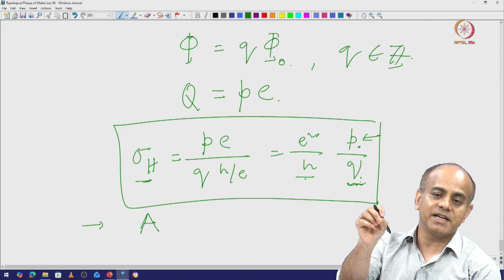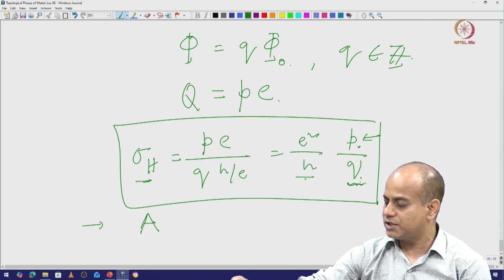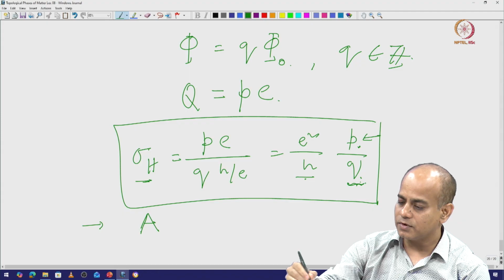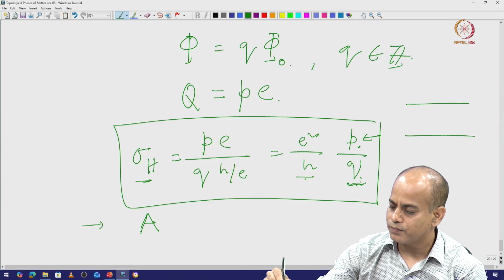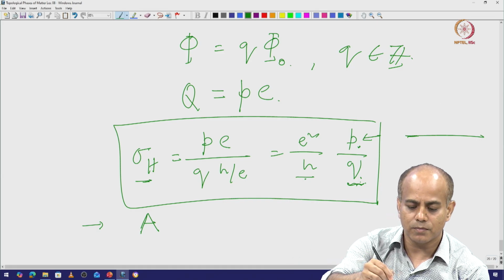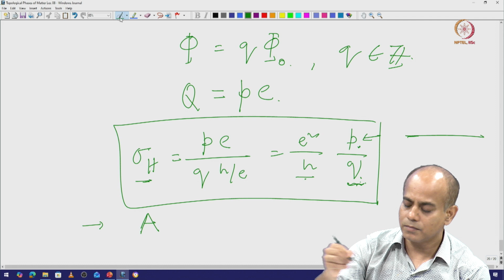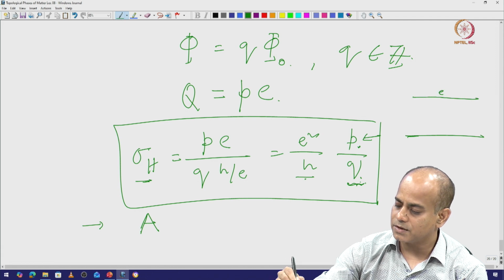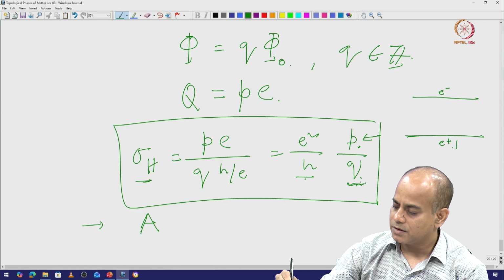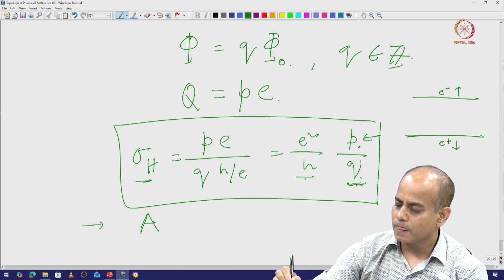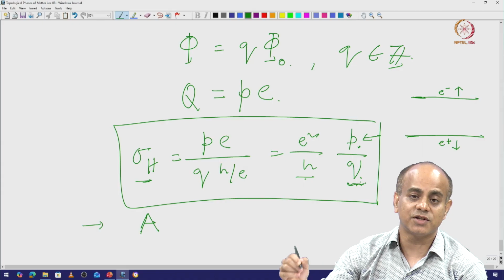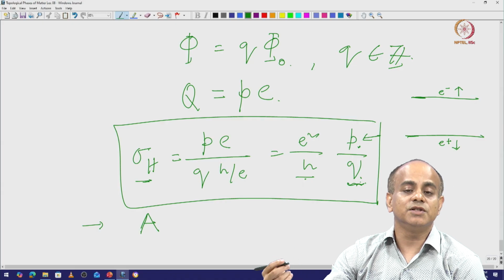If I look into every edge state, the charge is not conserved. Here electrons are increasing, here electrons are decreasing.